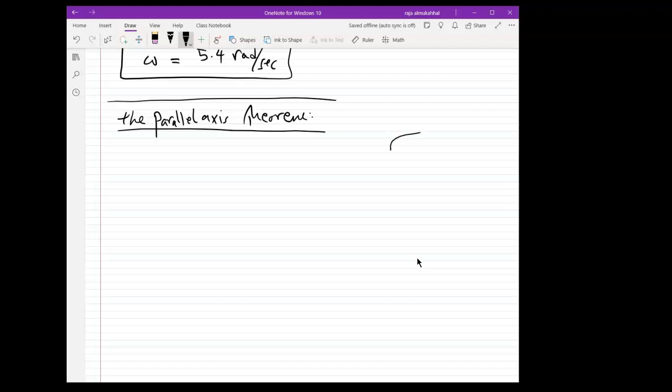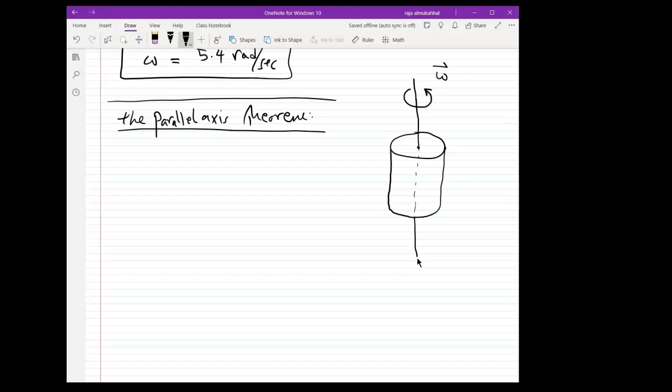Suppose I have a cylinder, and let's suppose that the cylinder is spinning about its central axis, which is right here, like this, with angular velocity omega.